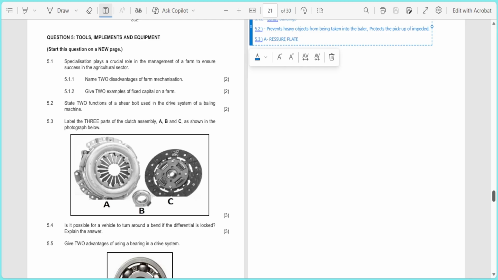That's a pressure plate. And then let's label B. B, it's a release bearing. A release bearing. C, that's going to be a clutch plate. That's an obvious one. A clutch plate.